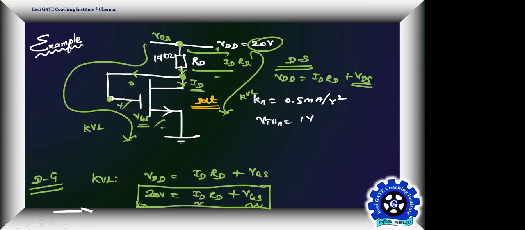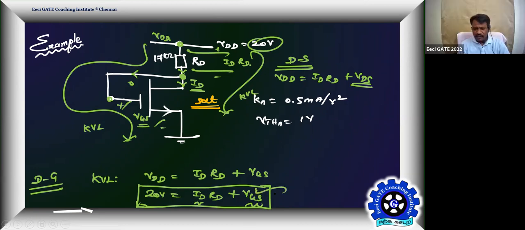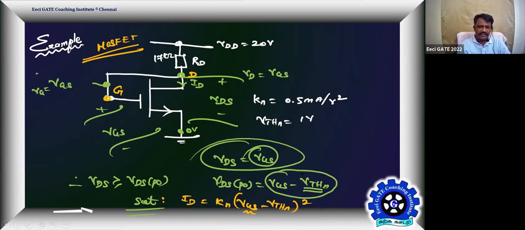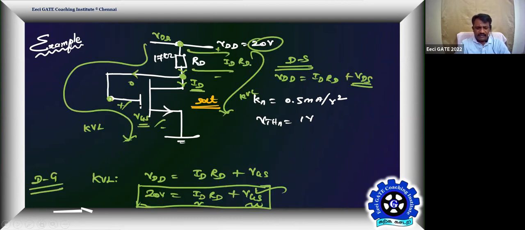So it is better to go by finding VGS only. Instead of writing VGS as a function of ID, better you go with ID replaced by VGS. So we have the equation ID versus VGS. We'll use that equation again, so we'll make the entire equation a function of VGS. Then we'll solve for it.